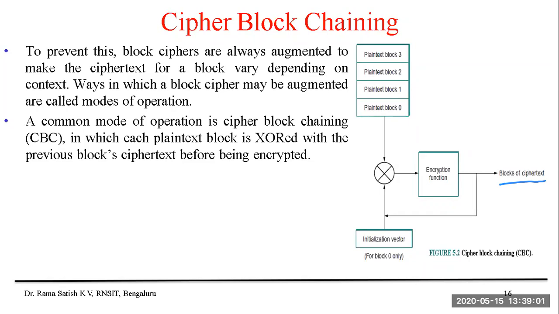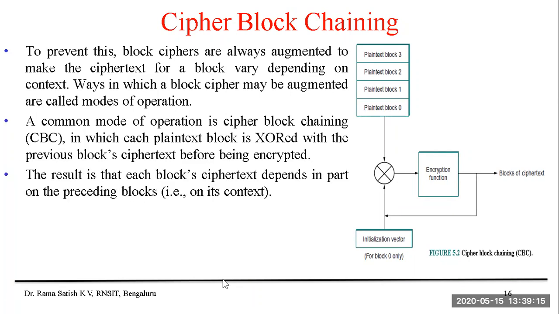They cannot understand. So this is the technique to follow, to avoid the electronic code book problem. So what happens? The result of the first block ciphertext depends upon the preceding blocks.